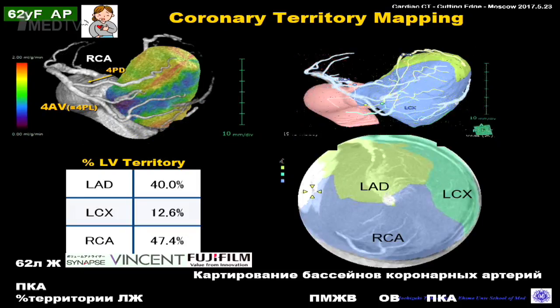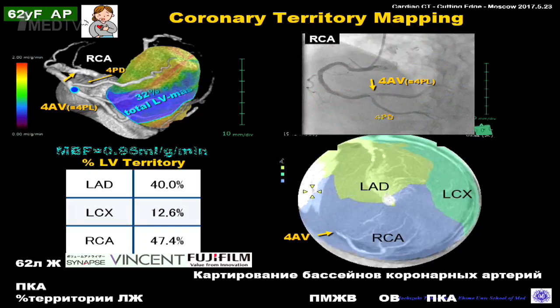So this patient had stenosis here, not the left circumflex artery. This patient had the stenosis here, in the peripheral side, 4AV or 4 posterolateral branch here, but it has the wide responsible area.